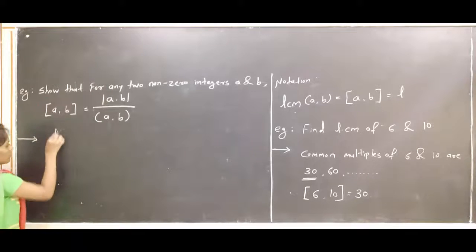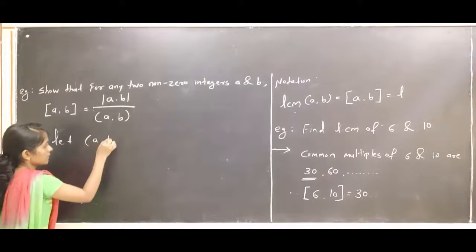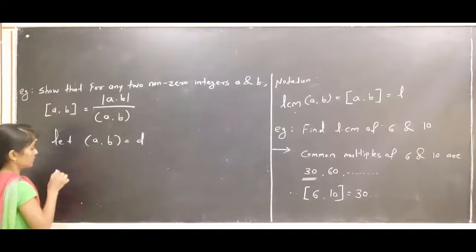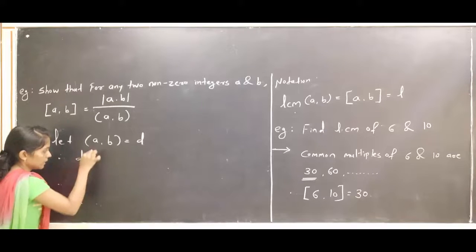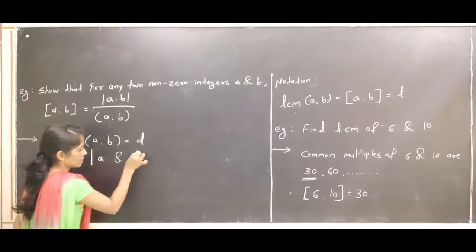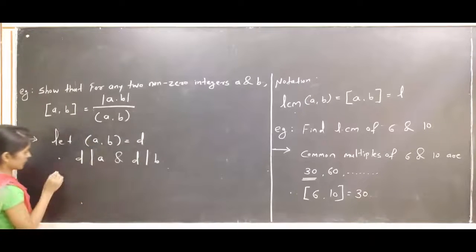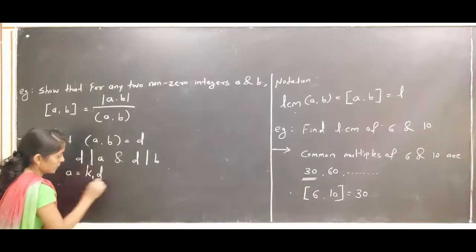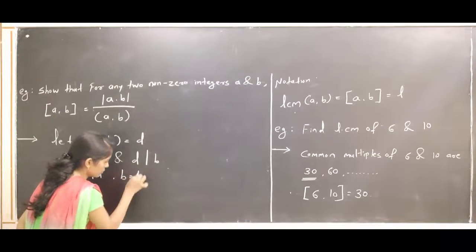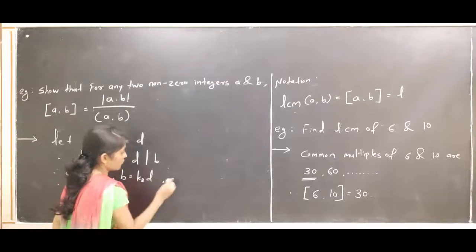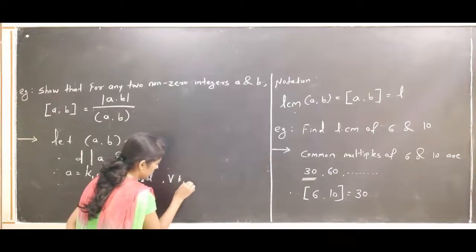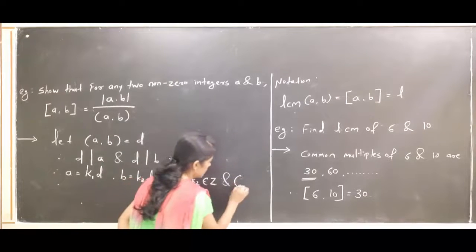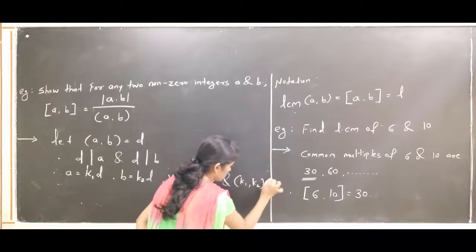Solution. Let GCD of (A, B) be equal to D. So here we assume that D is the GCD of A and B. Therefore D divides A and D divides B. Therefore A is equal to K1 D and B is equal to K2 D, for K1 and K2 belonging to the set of integers, and GCD of K1 and K2 is equal to 1.